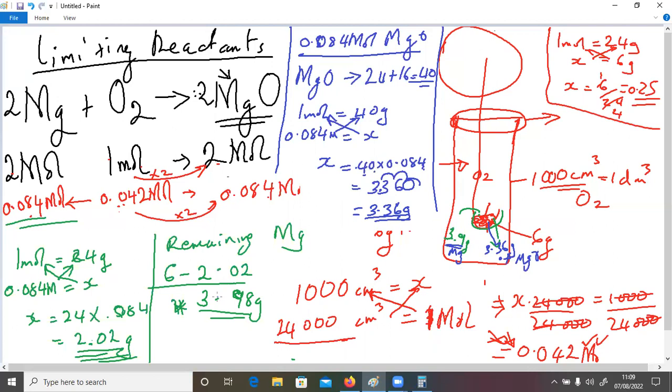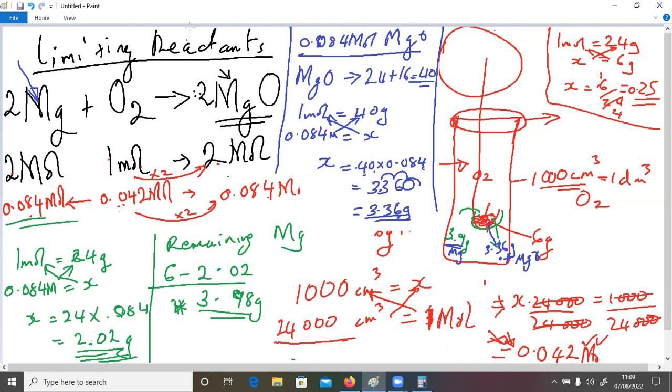So from here, what we notice is that the reactant which did not finish, which is in excess, is essentially called the excess reactant. It's never used up, right?